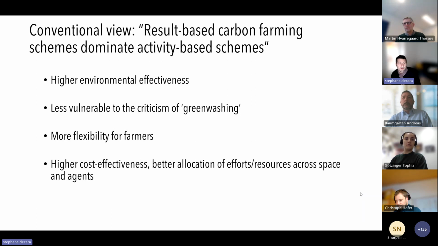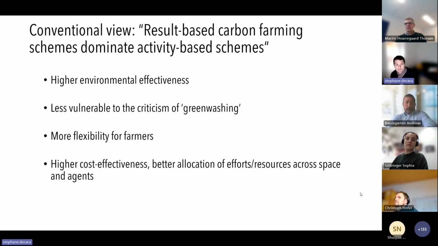The conventional view goes like that. It's usually admitted that result-based carbon farming schemes dominate action or activity-based schemes. Why? Because they're seen as providing higher environmental effectiveness, because we don't pay for just efforts, but actually results. That's what we aim for.